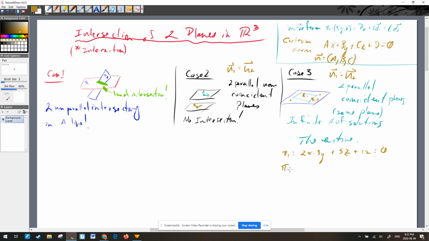Plane 2, if it is this case, imagine that I said, I'm going to really mix it up: negative 4x. You can tell me what the rest of this equation would be. It would then be plus 6y minus 10z minus 24 equals 0. They must be full scalar multiples. That's because they're the same plane, right?